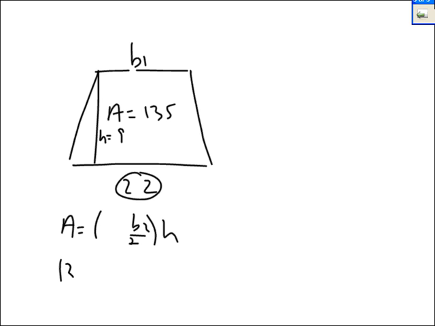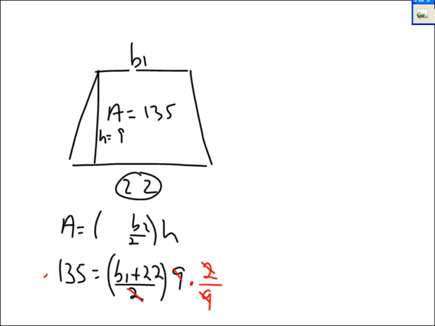So 135 is equal to B1 plus 22 over 2 times H, which is 9. What I would do is, I would multiply both sides by 2 over 9. That way the 9 cancels and the 2's cancel.